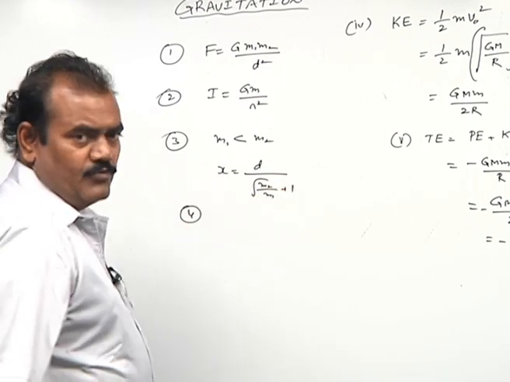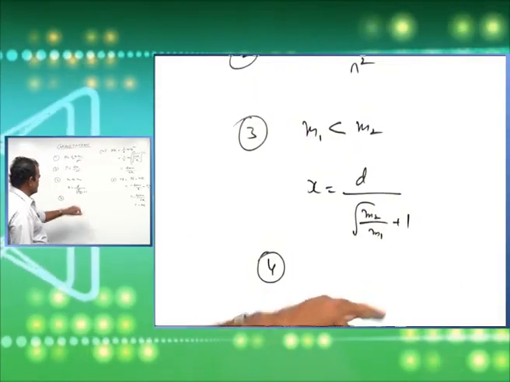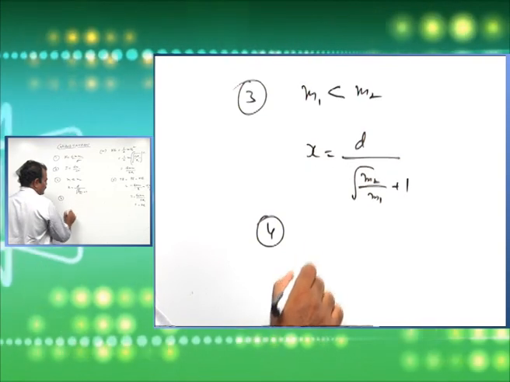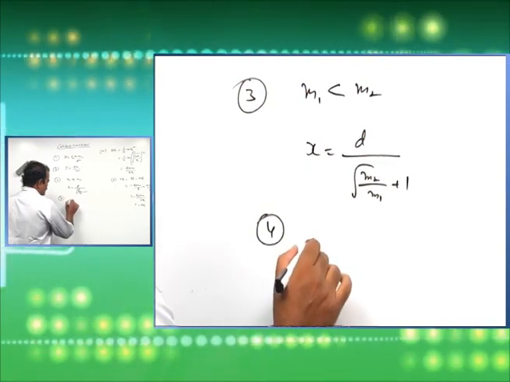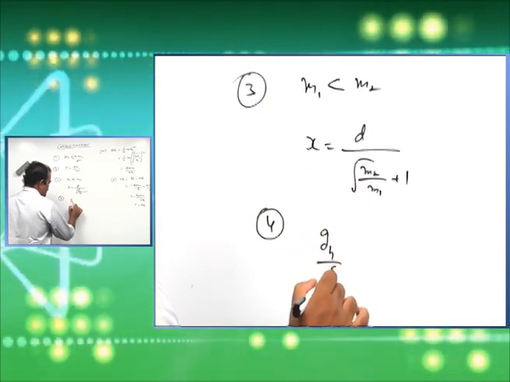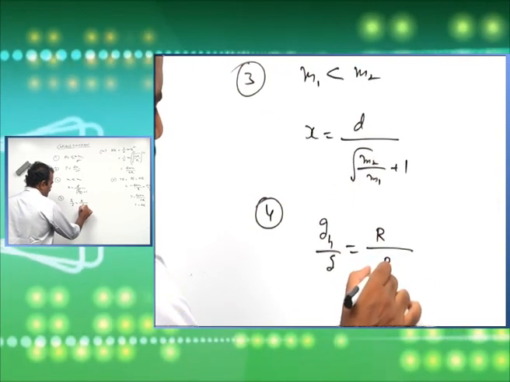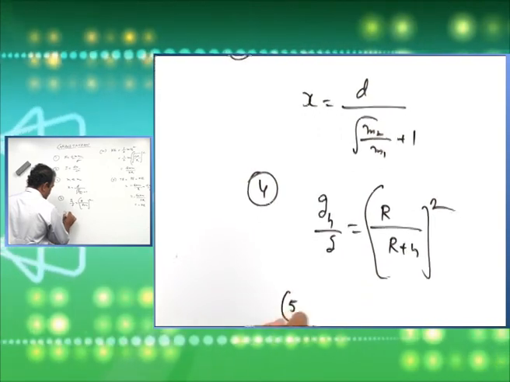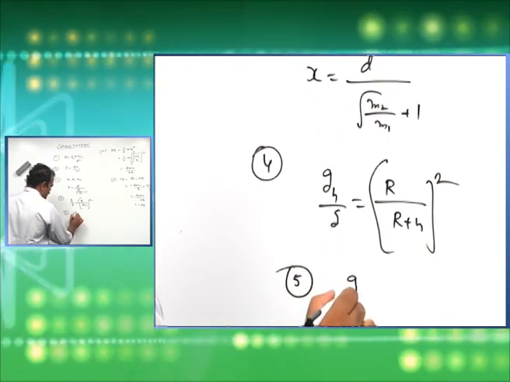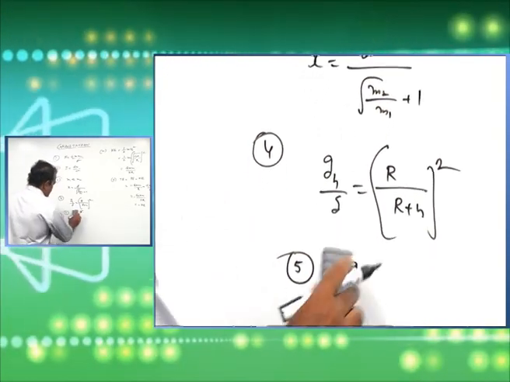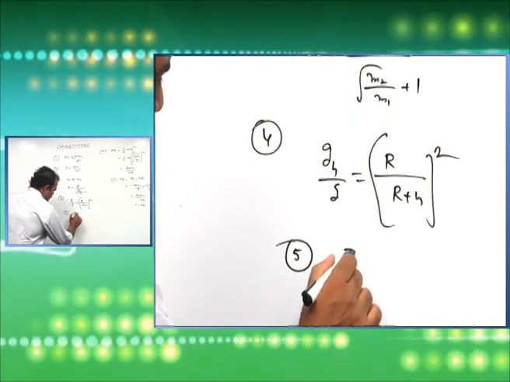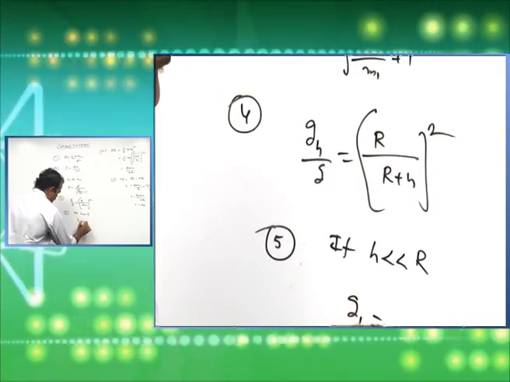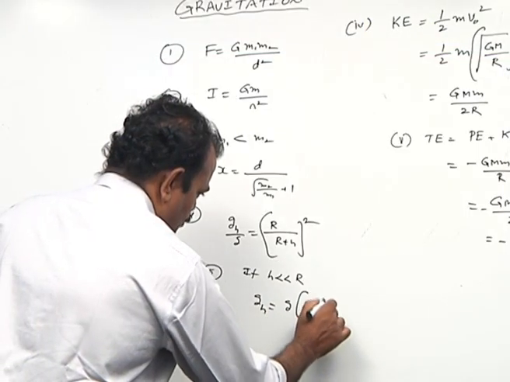Next, the fourth one is variation of small g. Variation of small g means here you have to take altitude, and for that altitude the formula is gh by g is equal to (R by R plus h) whole square. And the fifth one: if h is less than capital R, gh is equal to g (1 minus 2h by R).